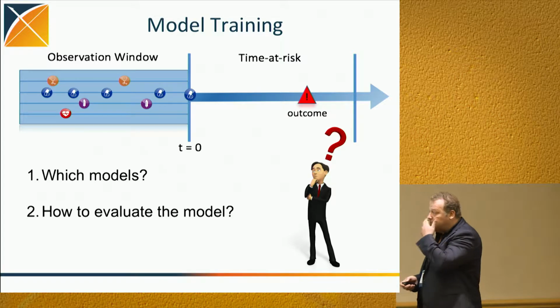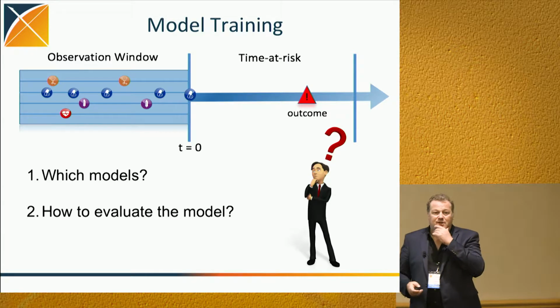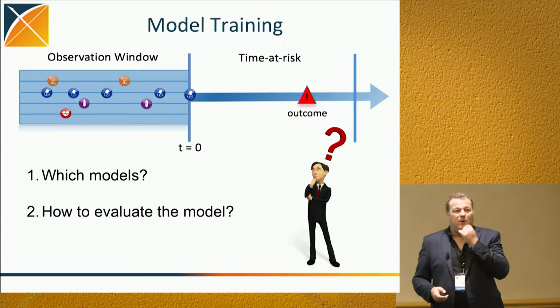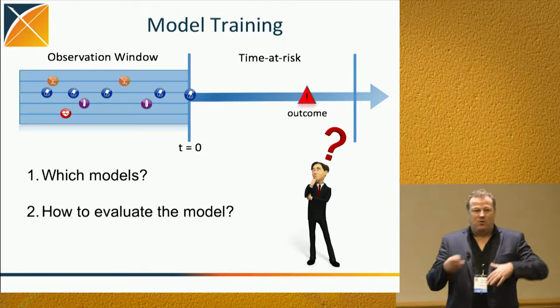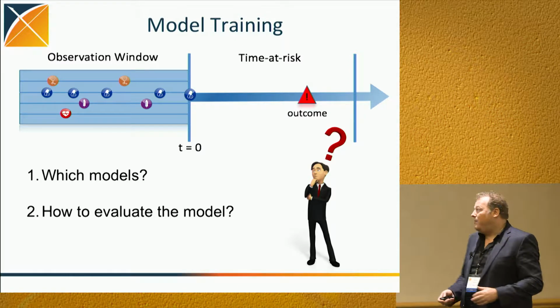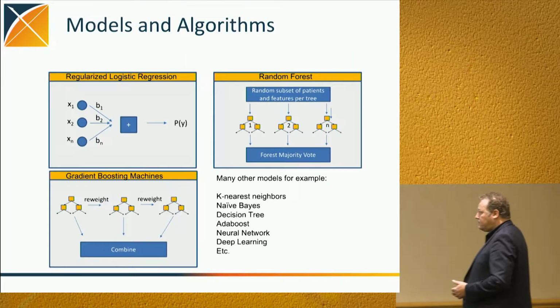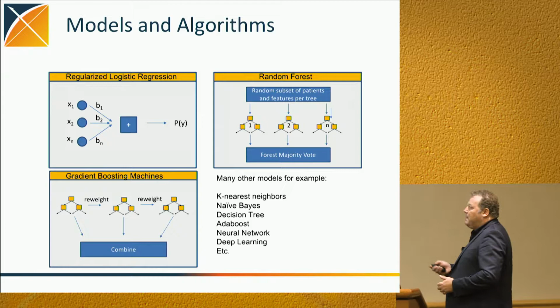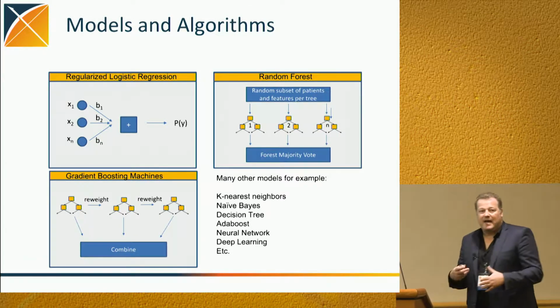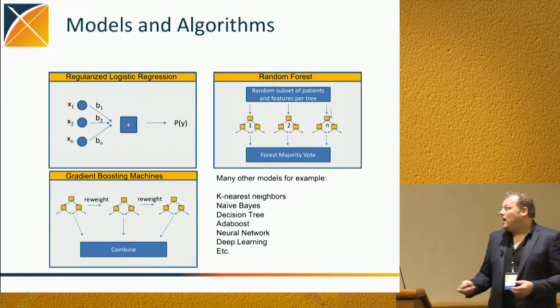So model training. Here we have to answer a couple of questions. Which model are we actually going to train? We have a whole set of algorithms out there, and how do we evaluate the model? We've implemented in the framework many types of algorithms.